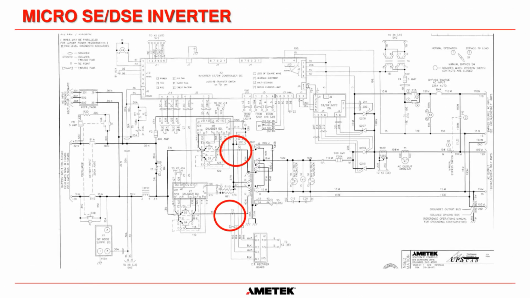Okay. Now on the microfarad system, we do have some CTs that are connected on the inverter bridge. If you remember earlier, I mentioned that IGBTs are very sensitive to high current, and we monitor the current.